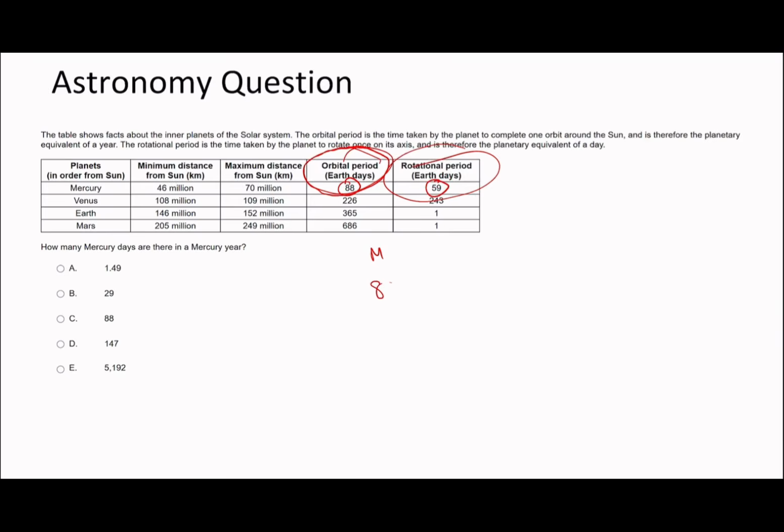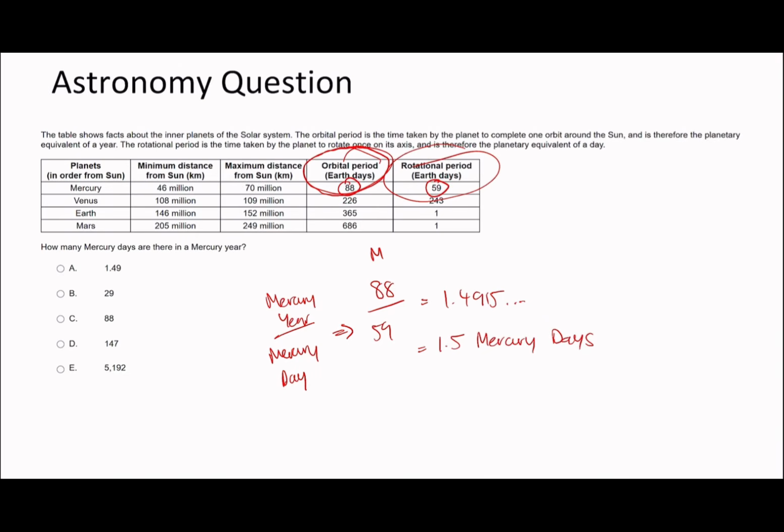All we have to do is, in a year, there's 88 Earth days. So how many Mercury days are there in a Mercury year? We're doing Mercury year divided by Mercury day to figure that out. That equals 88 divided by 59, which is going to be 1.4915, so that's 1.5 Mercury days.